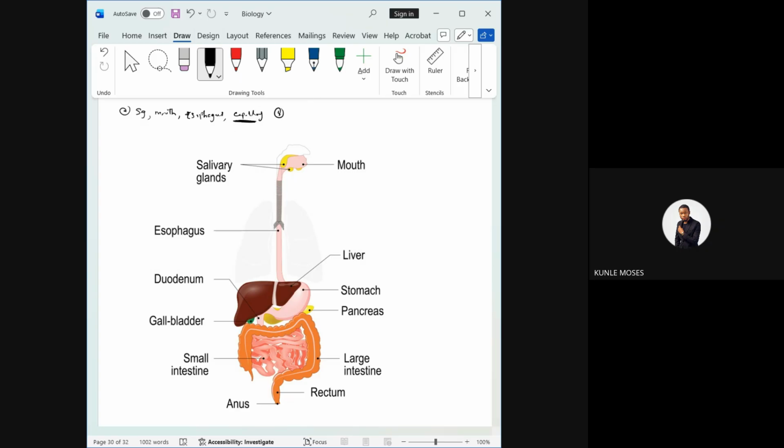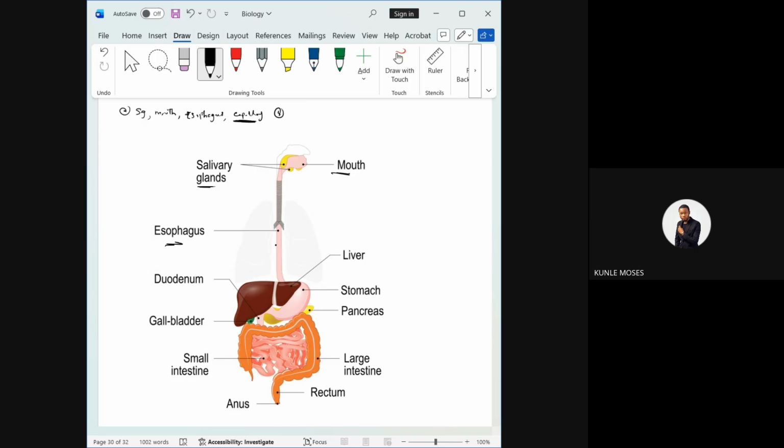So you look at the one that contains all these things, from the salivary glands inside the mouth to your esophagus, to your liver, the stomach, the pancreas that helps in secreting enzymes, the duodenum, the gallbladder, the small intestine and the large intestine, then the rectum and the anus.